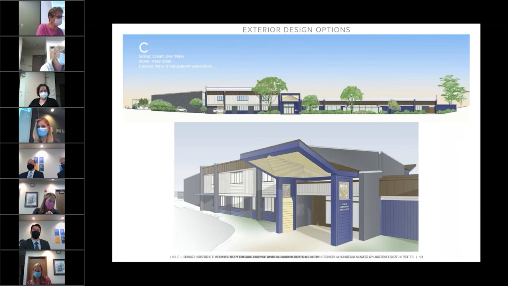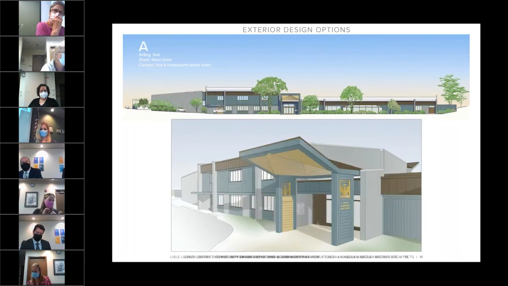I ended the night on Monday liking A and B the most. Piggybacking on some of the other comments, I feel like the teal of A ties in more with the interior palette we've seen. I don't know if it's the exact teal, but there's more of a connection with the interior palette with the teal than with that dark green.